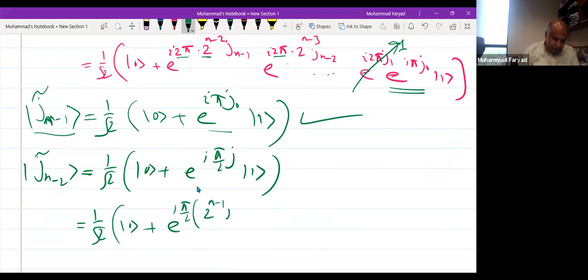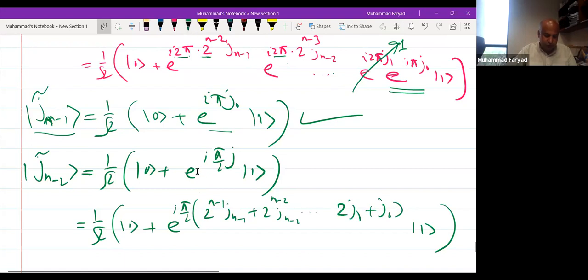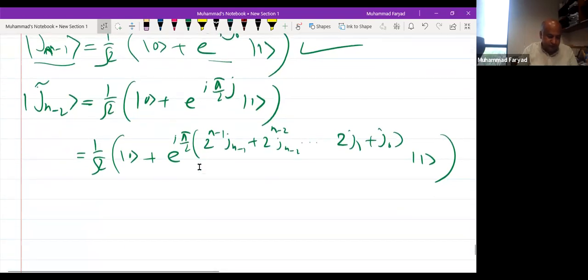So 2 power n minus 1 jn minus 1, 2 power n minus 2 jn minus 2, all the way to 2j1 plus j naught. Now in this case, we see that this is j naught pi over 2, so non-integer. It's not a multiple of 2 pi, so this term remains. This is 2j1 over iota pi by 2, so 2 cancels with 2, so this is still a multiple of pi, so this term remains.